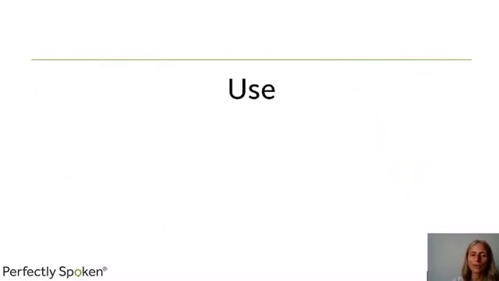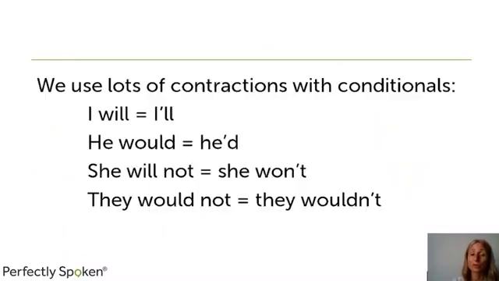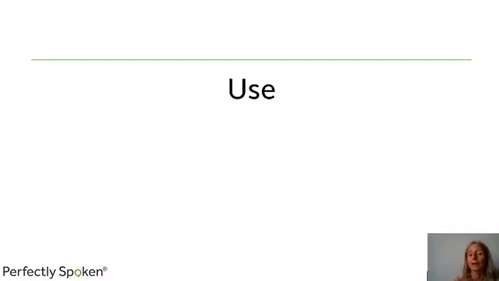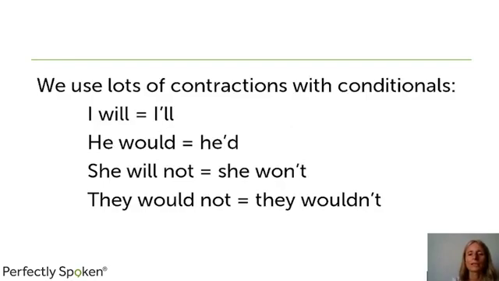Okay, now we're going to focus on use. We're going to think about pronunciation, sounding more natural, understanding people. And with conditionals, we use a lot of contractions. So we use lots of contractions with conditionals. For example, I will, I'll. He would, he'd. She will not, she won't.